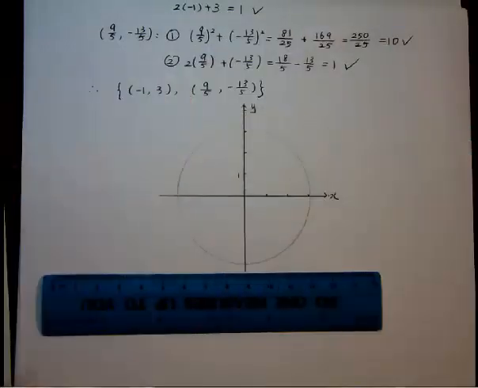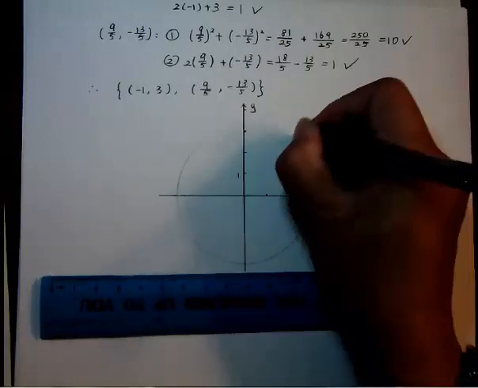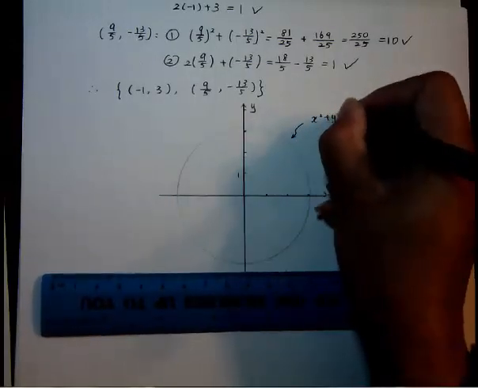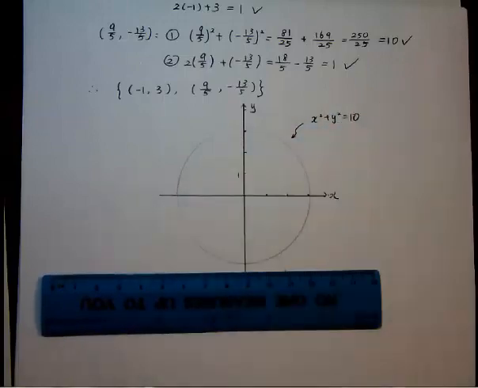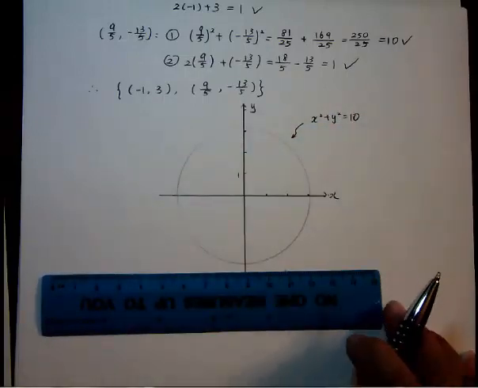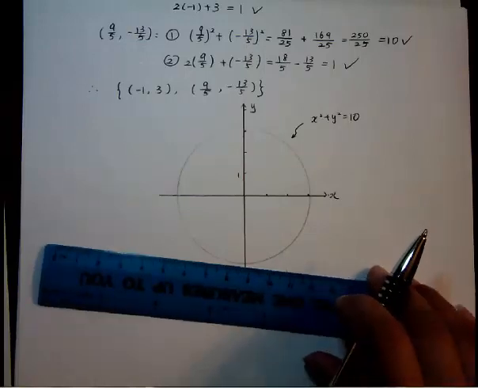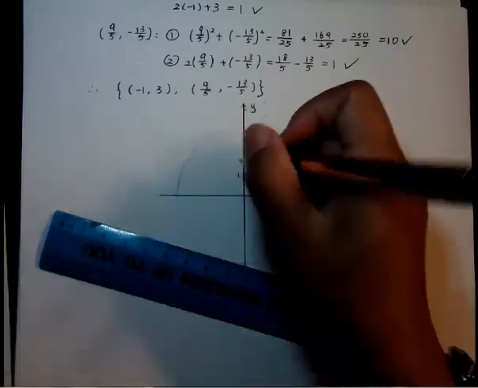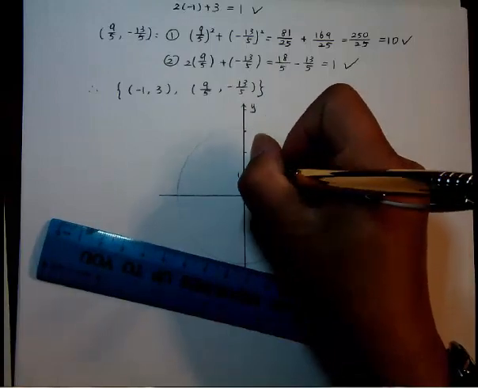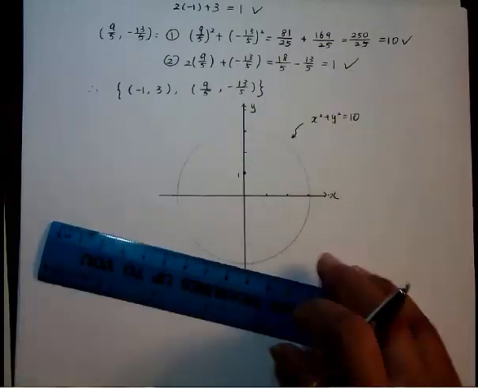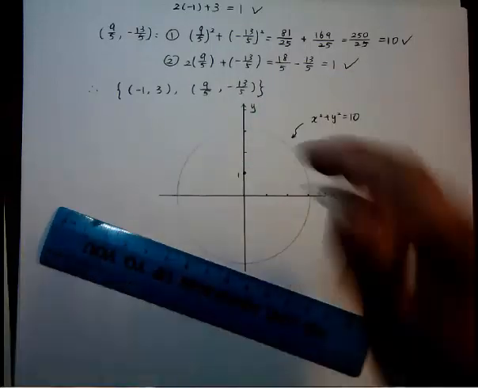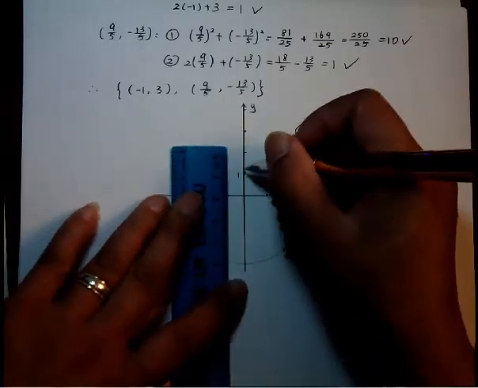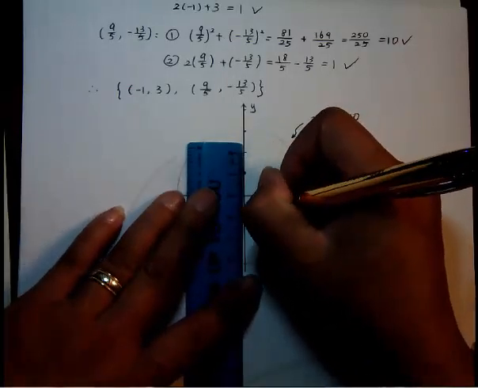Okay, that's the circle, and this is our circle x squared plus y squared equals 10. And our line is 2x plus y equals 1. That is, the y-intercept is located at 1. And then the slope is -2, which is, if I go down 2, then we go to the right 1.